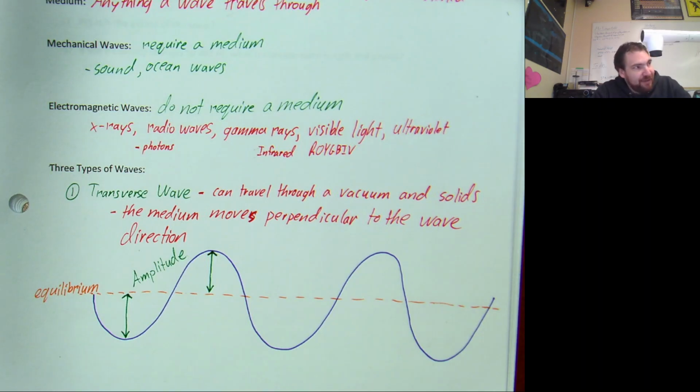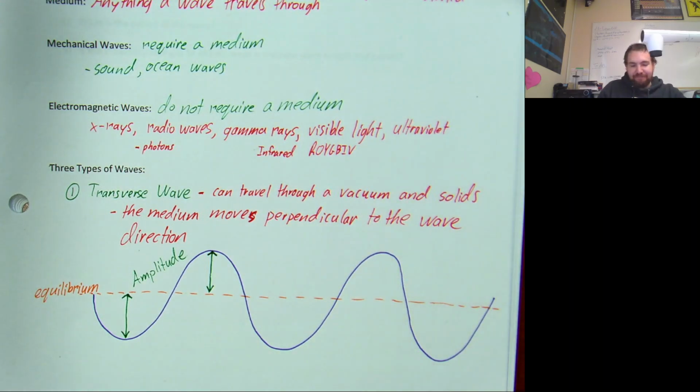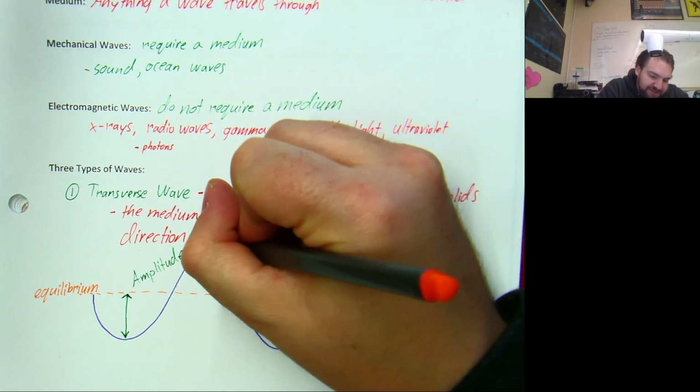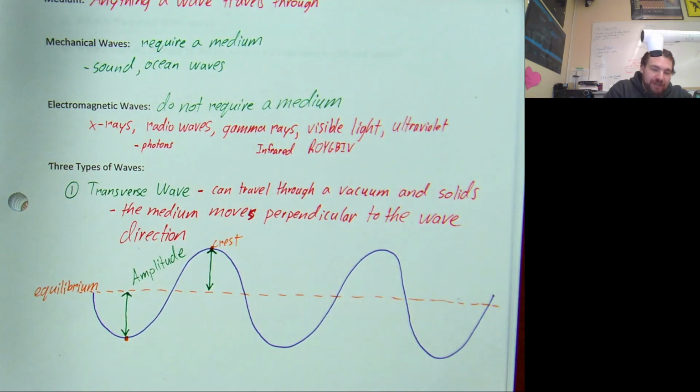Maybe it wasn't Manuel. I said the peak and the trough. Okay. This point right here, we don't call it peak. We actually call it the crest. And we call this lowest piece down here the trough.